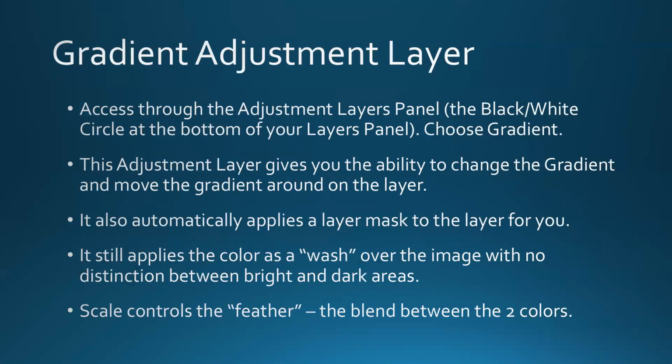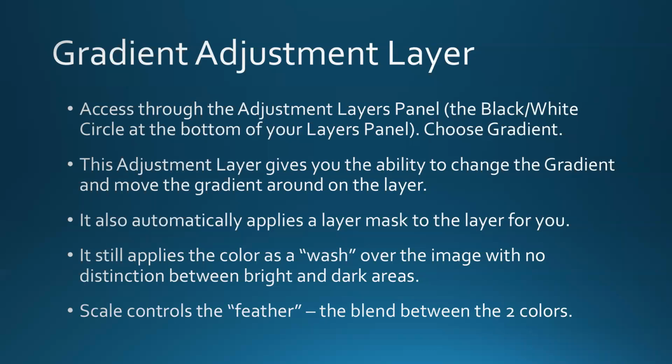Preferably, rather than the gradient tool, you'd want to use the gradient adjustment layer. You would access this through the adjustment layers panel. If you click that black and white circle at the bottom of your layers panel and choose gradient, that will add a new layer. It also automatically adds a mask, and this is where we're going to put the gradient. But this also gives you the ability to change the gradient and to move it around on the layer.